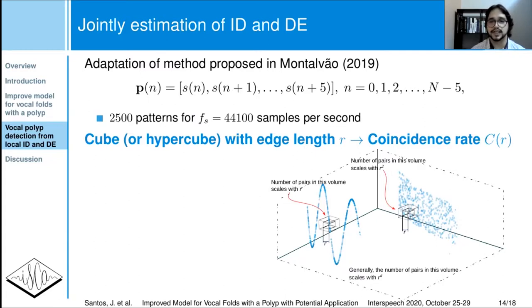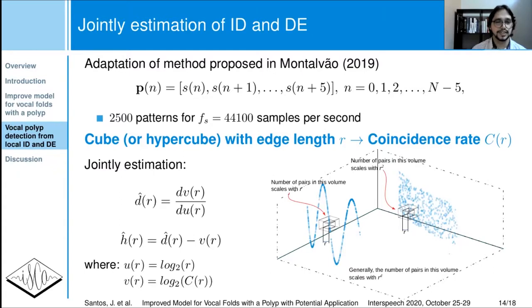So the number of data points inside this cube or hypercube is the coincidence rate. It's a counting of the data inside the hypercube. Using this, we can estimate intrinsic dimension and differential entropy as presented here, using the log of the edge length r and the log of the coincidence rate C(r).